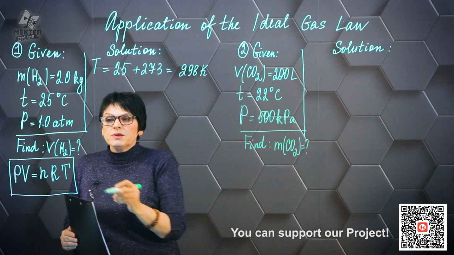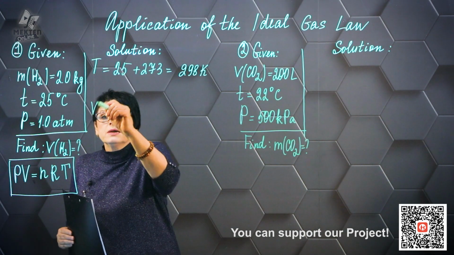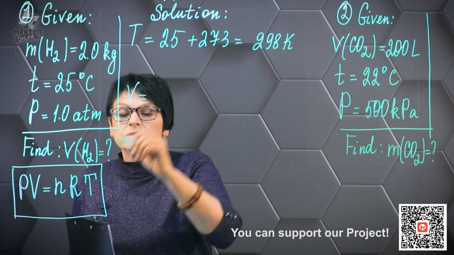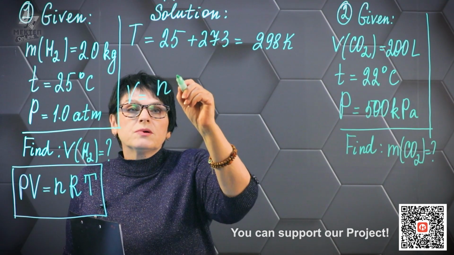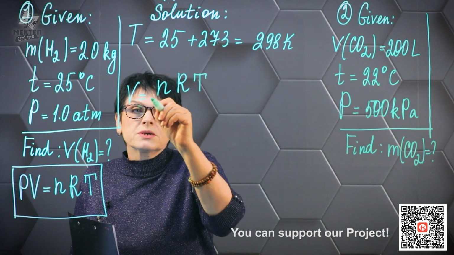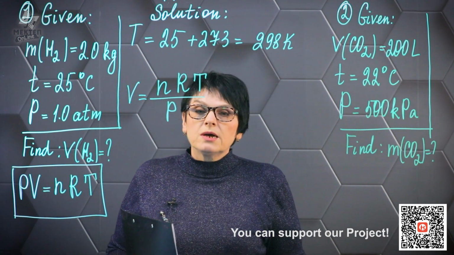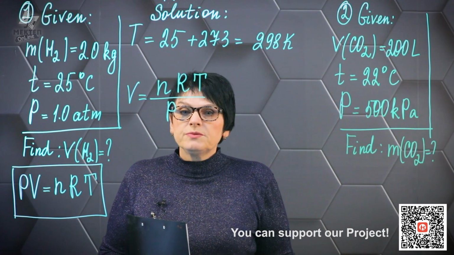Now let's convert our formula to find the volume. To find the volume, we need the number of moles multiplied by the gas constant, by the temperature, and divided by the pressure. Now let's see: do we know the number of moles in this case?